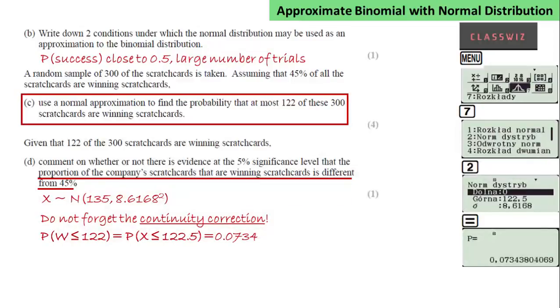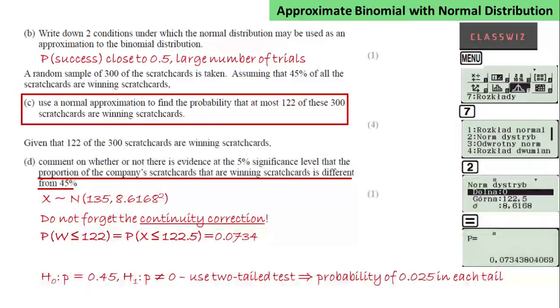Okay. We have to comment whether there's sufficient evidence at the 5% significance level that the proportion of the company's scratch cards that are winning scratch cards is different from 45%. In this instance, our null hypothesis will be that p is 0.45.